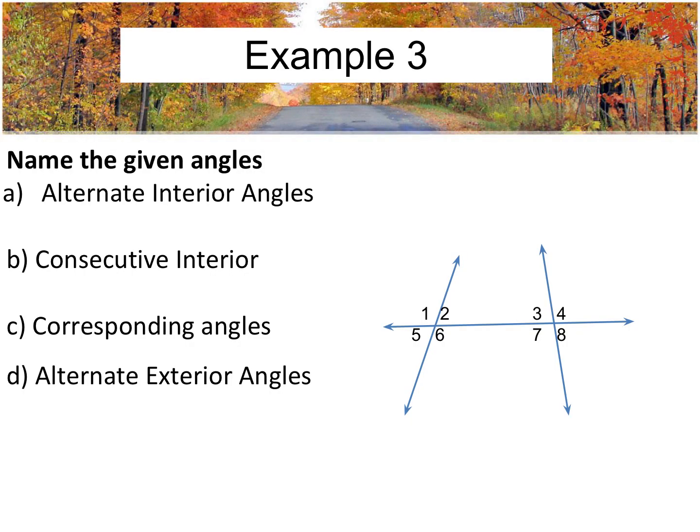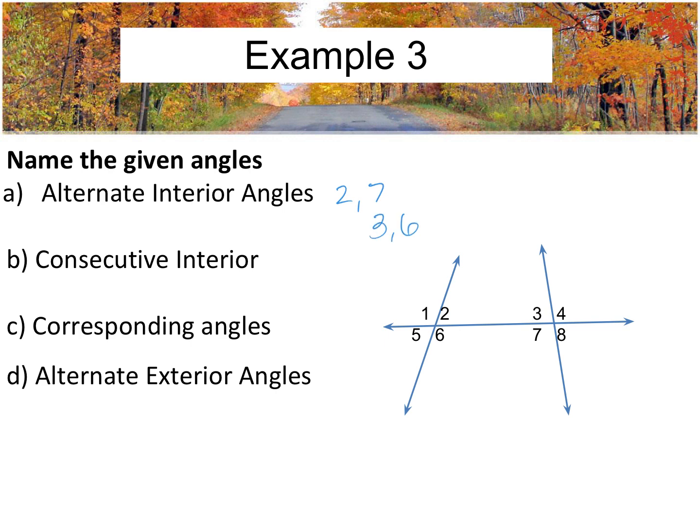All right, example 3. Name the given angles. Which angles are alternate interior angles? Cody? 2 and 7 and 3 and 6.